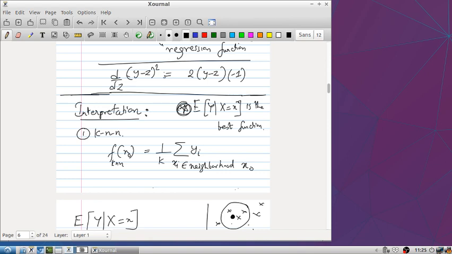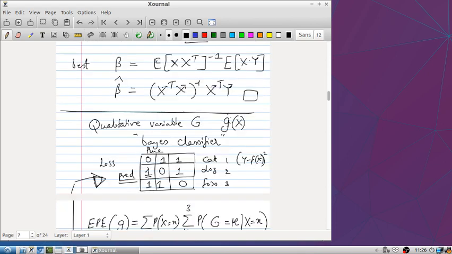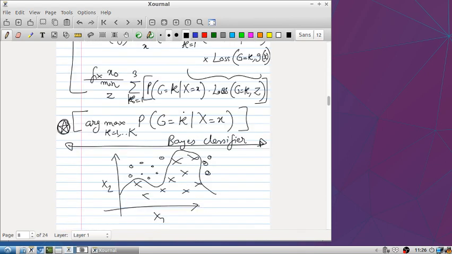For a given x, using my conditional distribution of y given x, I can find this expectation that will predict some number. That's the best prediction for the squared loss. Similarly, this is the best prediction for a class. If I know the joint distribution between G and X, I can find the conditional distribution and make the best prediction for a class. This is the best classifier. It just uses the joint distribution between G and X.